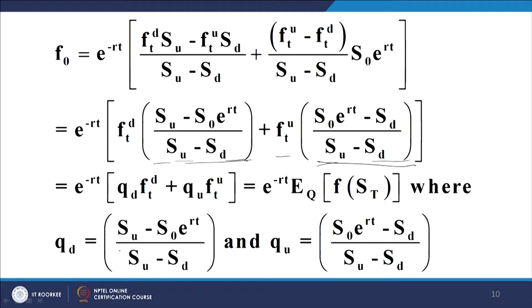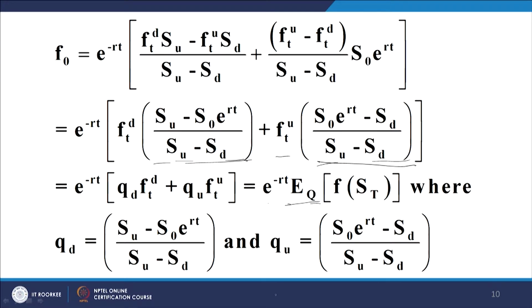Then we can write it as e to the power minus rT, qd fd plus qu fu, and that is nothing but e to the power minus rT E_Q. From where I have got E_Q, I am going to explain, but for the moment it is expectation with respect to Q. We will come back to it.